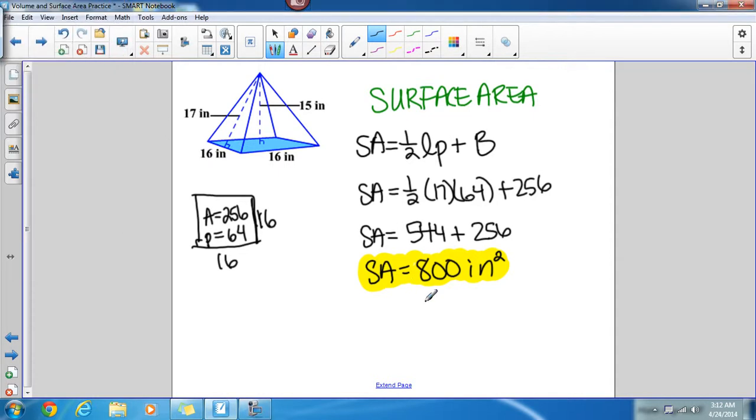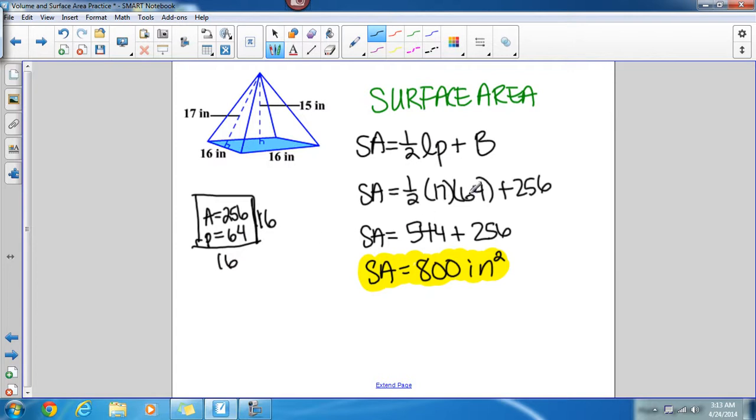So I got a total surface area of 800 inches squared. I was pretty nice by giving you a base that was the same shape, the same size. So the base is a square. It's 16 by 16, which gives me an area of 256. The perimeter is 64. 16 plus 16 plus 16 plus 16 gives me the 64.